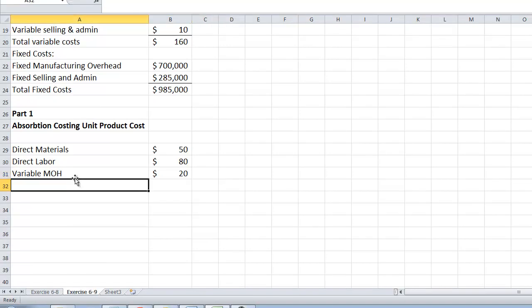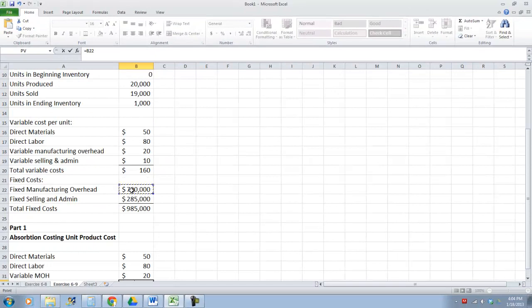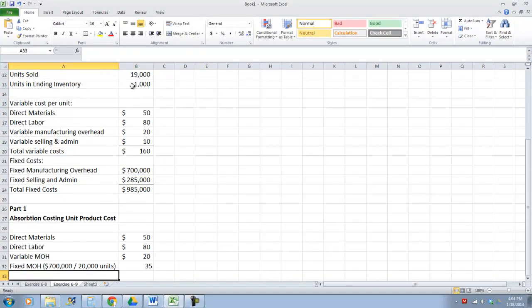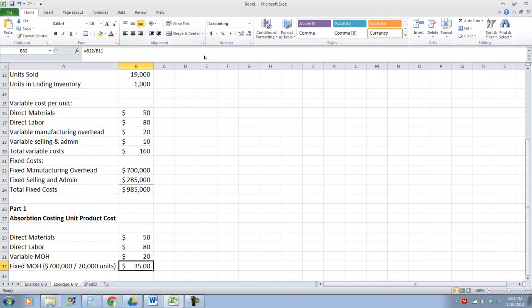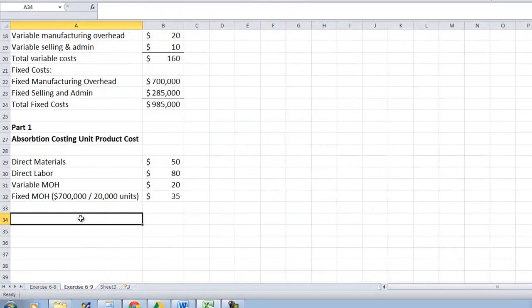We don't include the variable selling expenses, but we do include the fixed manufacturing overhead. The way we find a unit cost is to take the 700,000 fixed manufacturing overhead divided by the 20,000 units produced. So this is $35 per unit, the fixed.